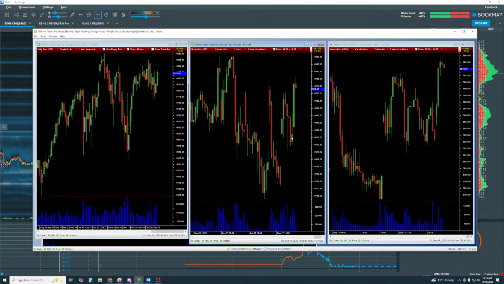I think it was this day. It had sold off way too much, and they were looking for a reaction in the Asian session. They traded it and took it back up into some of these levels up here. Anyway, good stuff there.